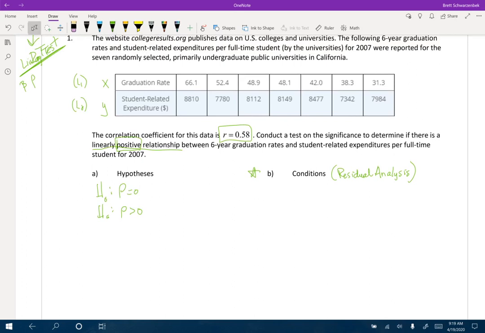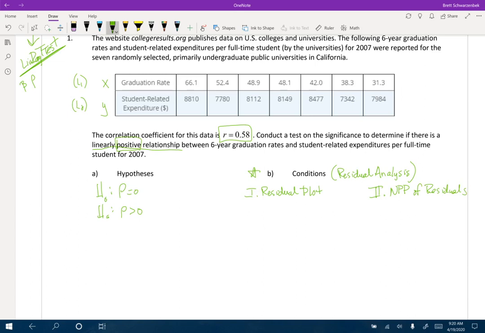So what does that imply? That implies first your residual plot, and second your normal probability plot of residuals. So again, if you want to pause the video, go back and see if you can do these on your own using the list, go ahead and do that now.